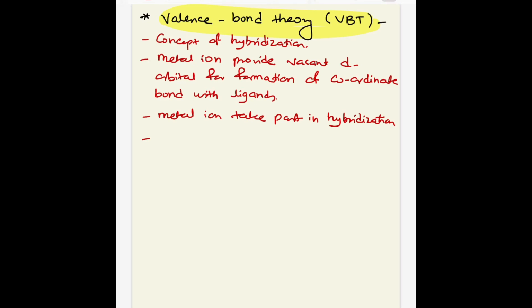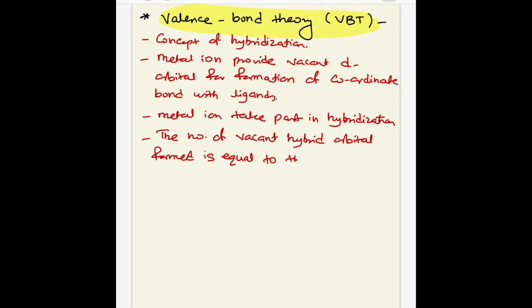The next postulate is that the number of vacant hybrid orbitals formed is equal to the number of ligands surrounding the metal ion.